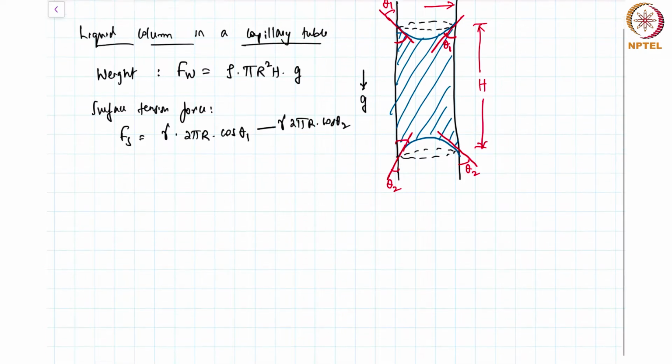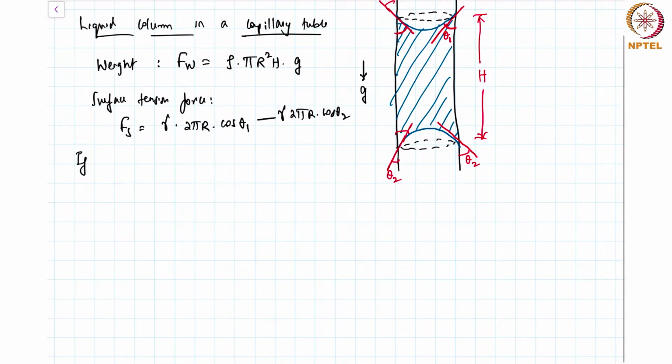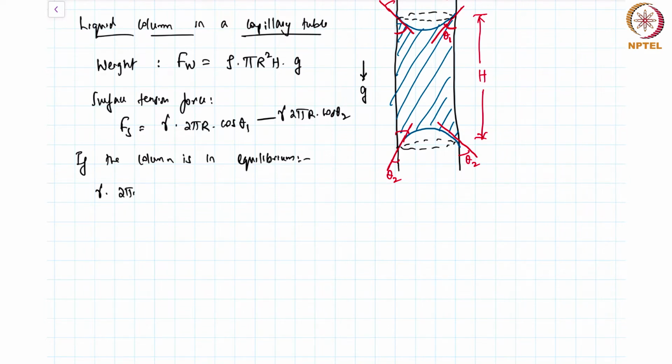If the column is in equilibrium, as in it is not moving, then I can say gamma times 2 pi r times cosine of theta 1 minus cosine of theta 2 will be density times pi r square h times g, right?